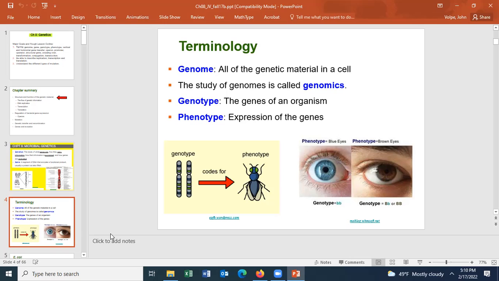The genotype for blue eyes, shown here, would be alleles lowercase b, lowercase b. Those code for the phenotype blue eyes. And for the phenotype brown eyes, shown here, the genotype is either capital B, lowercase b, or capital B, capital B. Everyone understand that?